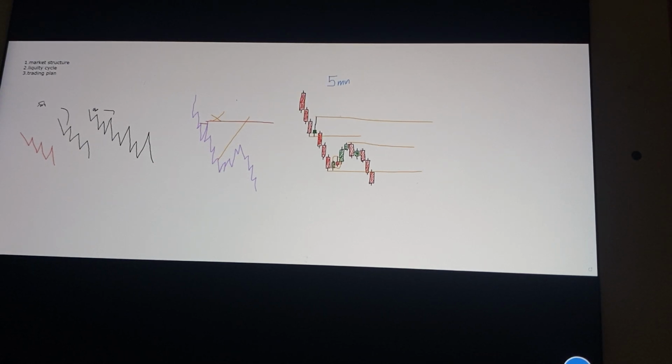What structure is this, guys? Everybody? Internal. What time? Exactly. It is a 5-minute structure. However, given the overall structural push, it is what? Internal.